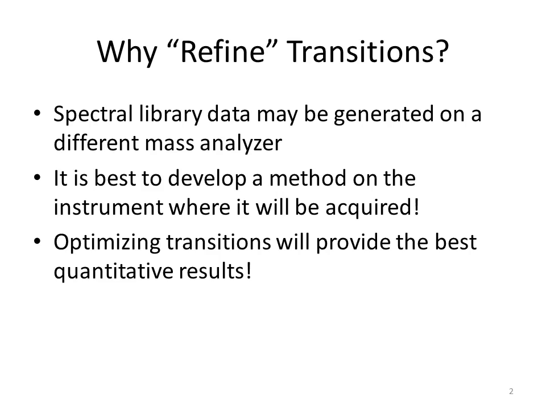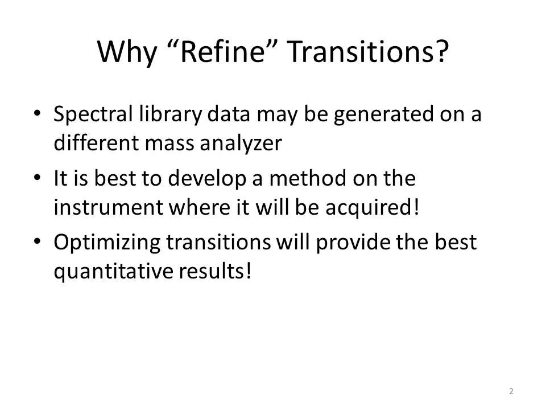So I'm going to go through some examples of working with a spectral library. If you're moving to a targeted method on a triple quad, spectral library data is usually generated on a different mass analyzer. So how do you know the charge state of your peptide is the same one you're going to see on the other instrument? How do you know the fragment ions are the same ones you're going to see on the other instrument?